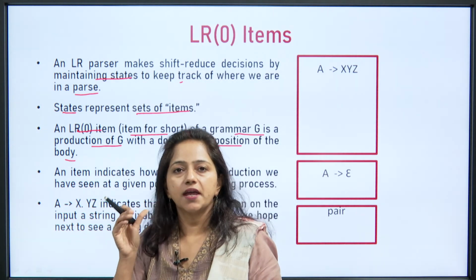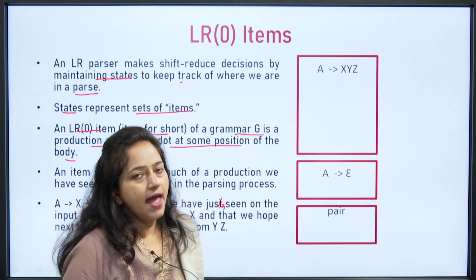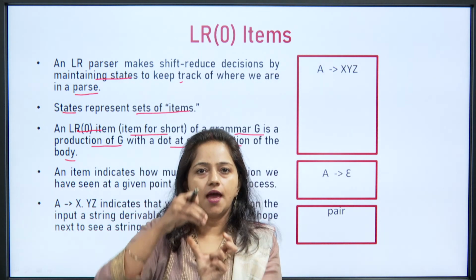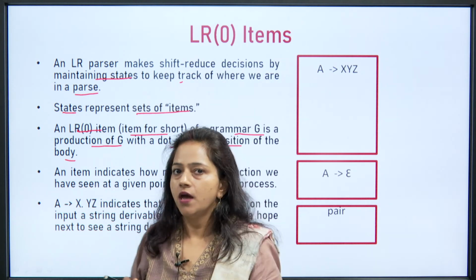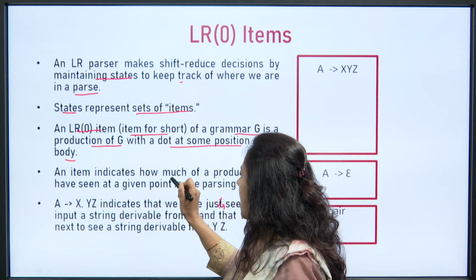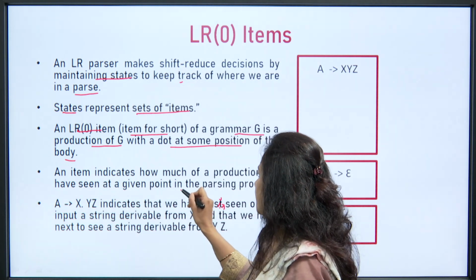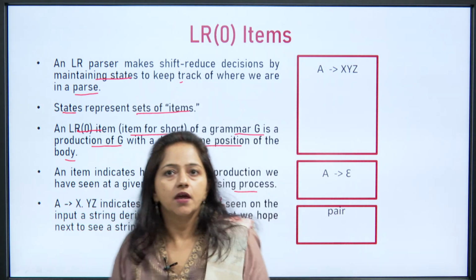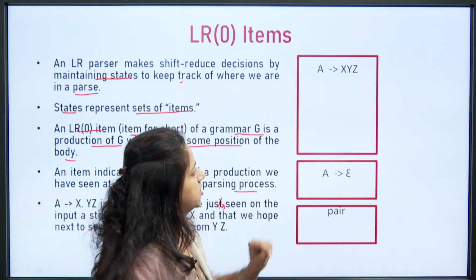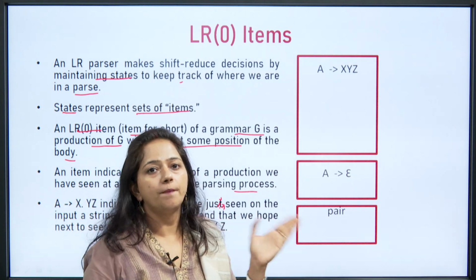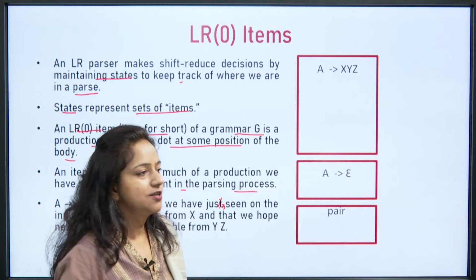So, an LR(0) item is a production with a dot at some place. An item indicates how much of the production we have seen at a given point in the parsing process. Suppose we have the production A → XYZ. For this production we can obtain the LR(0) items.